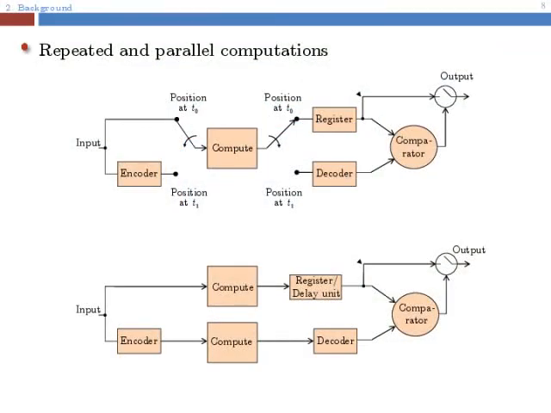For example, here we can compute the same scalar multiplication twice, but differently. We compute the same scalar multiplication, but using some encoder and decoder, we can detect errors that happen here. Even if you have a permanent error or the same error in the same place, you will detect that because you have an encoder and decoder.